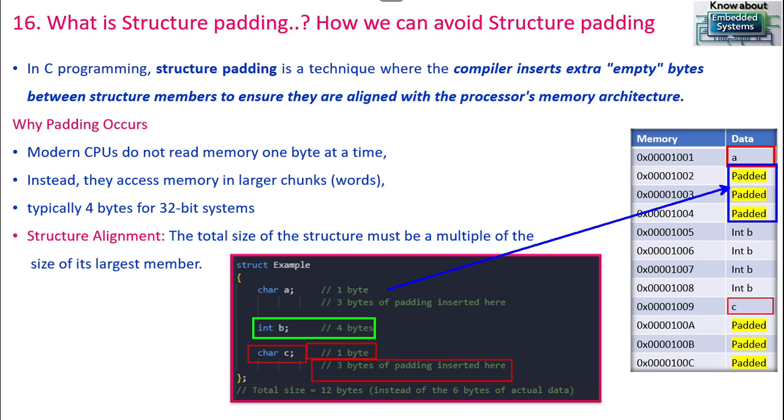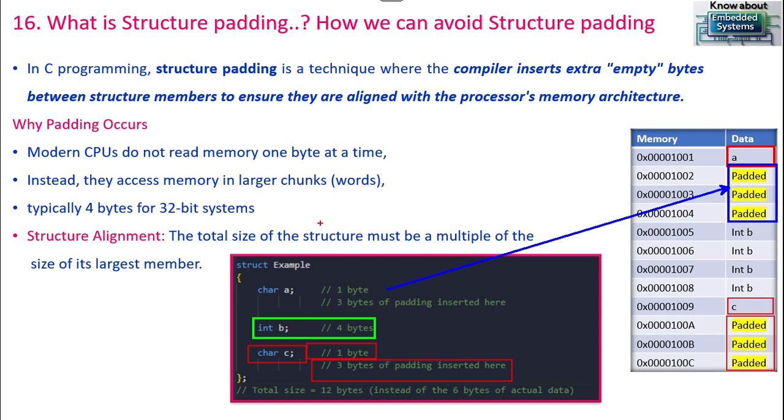Here you can see this is the variable c, and the compiler will add 3 more bytes. In this way, the total size of this defined structure will become 12 bytes instead of 6 bytes. This is because of structure padding. I hope you are clear with the definition of structure padding.